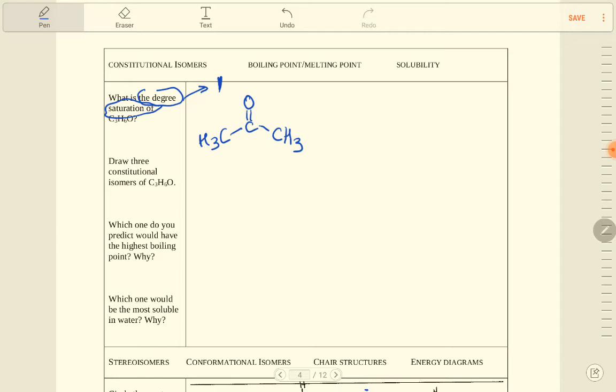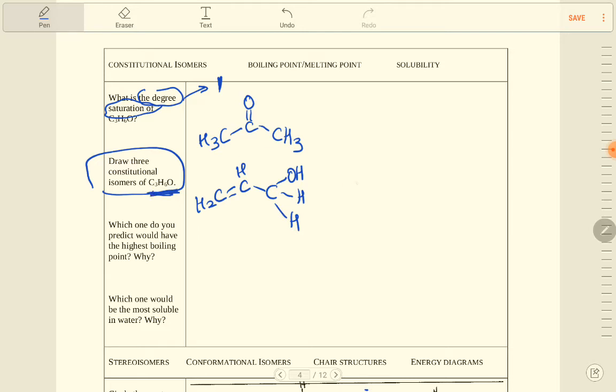All right, now we need to draw its constitutional isomers. So I'm trying to draw that. H2C double bond CH, C, OH, H and H. You can see the formula is C3H6O.